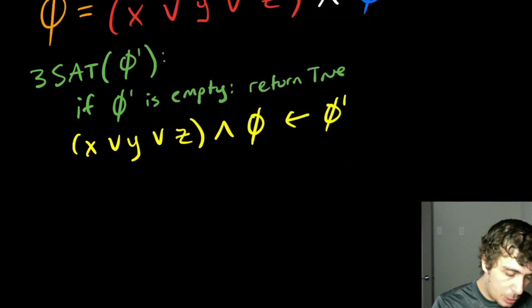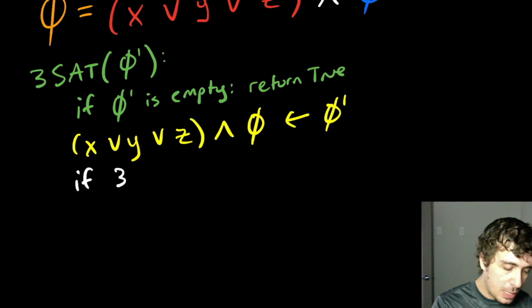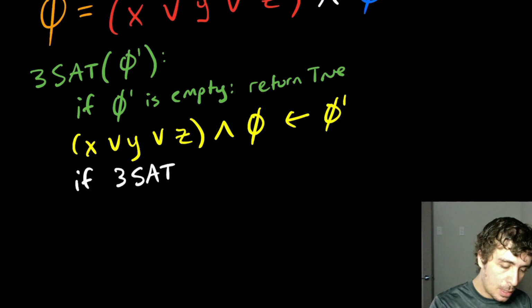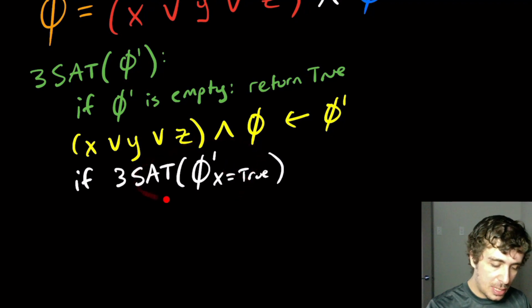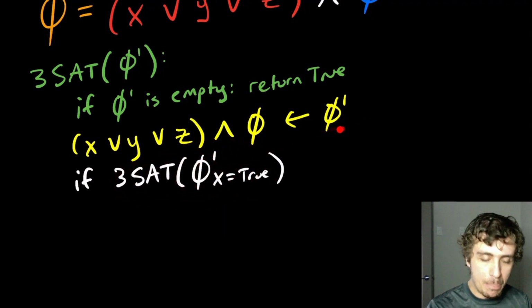So what I'm going to do is recursively call 3-SAT on this modified formula right here, where I'm going to use some notation where I set x to be true in this formula, okay? So this is the whole formula, this is the big guy.